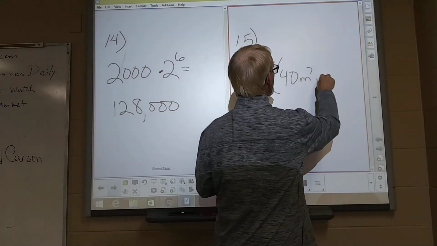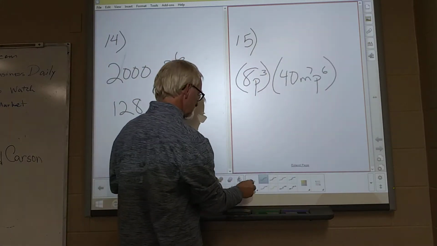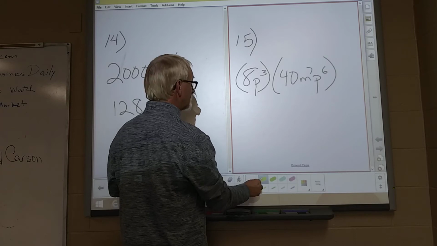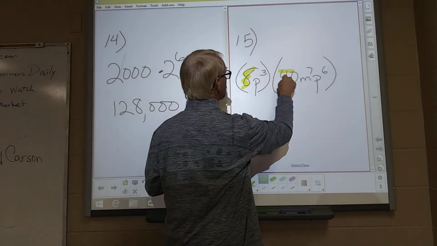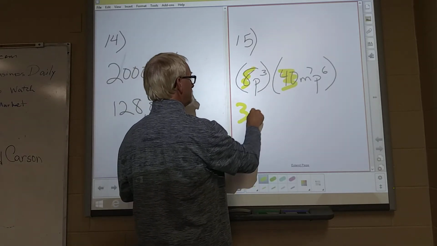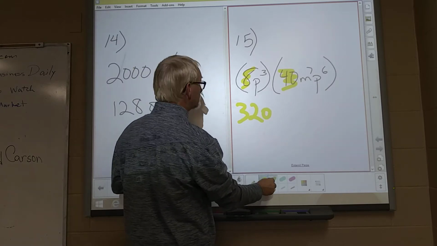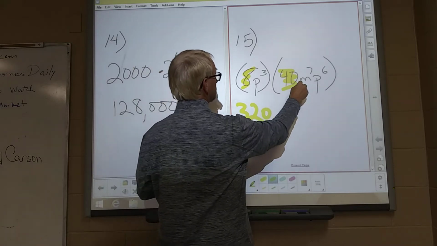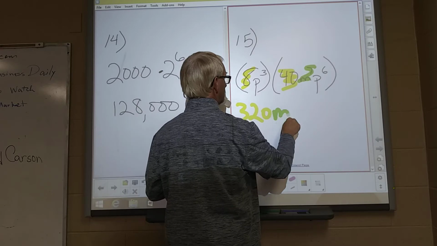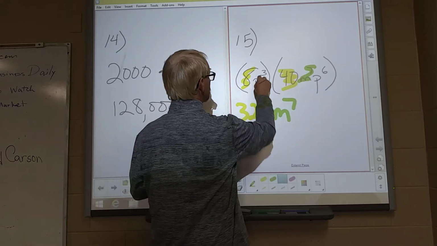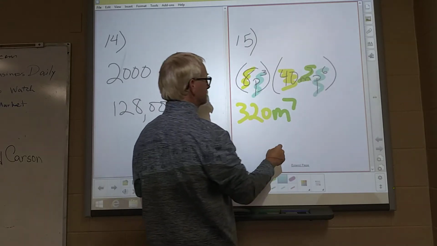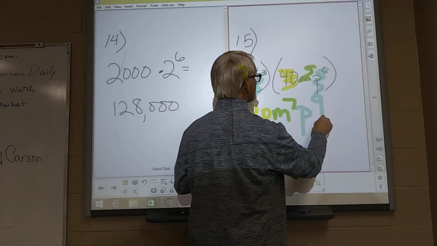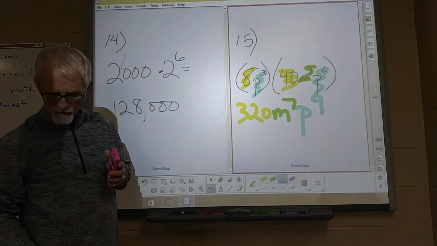Now remember, you can only combine like terms. So we have 8 times 40, and that's 320. Then m to the 7th, there's nothing to combine with. And then p to the 3rd times p to the 6th: 6 plus 3 is 9, so p to the 9th. And that's how that one works.